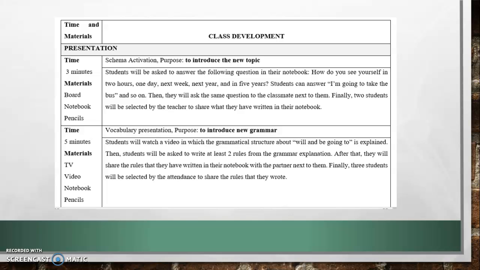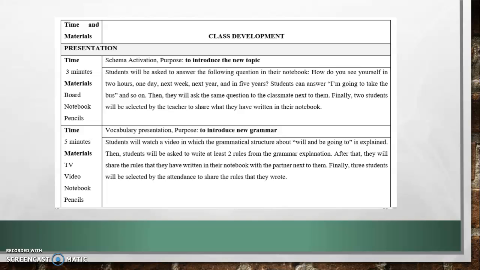The second activity is the vocabulary presentation. The purpose is to introduce new grammar. Students will watch a video in which the grammatical structure of will and be going to is explained. Then, students will be asked to write at least 2 rules from the grammar explanation.